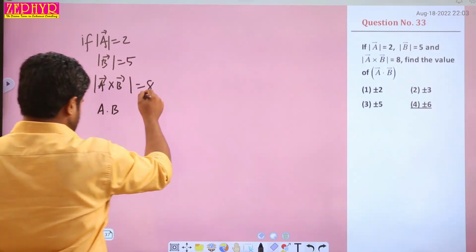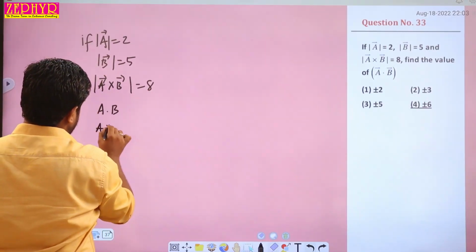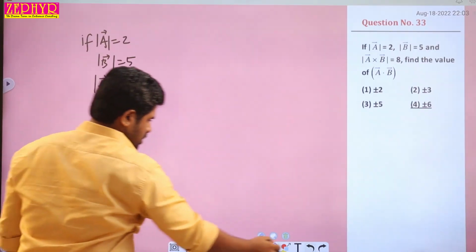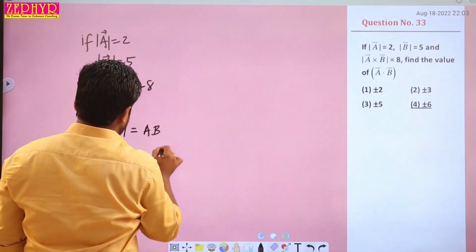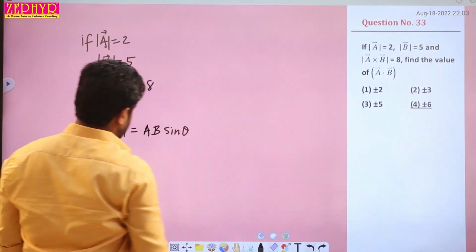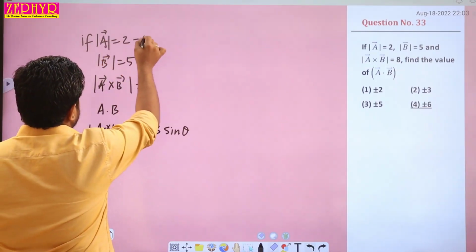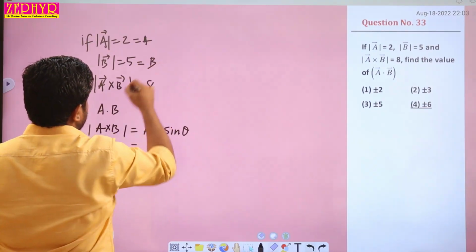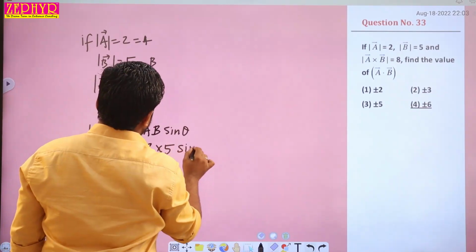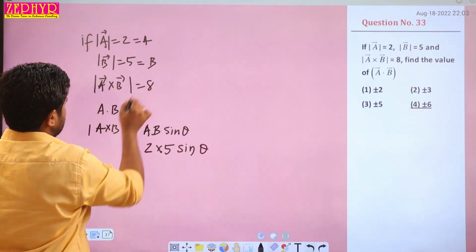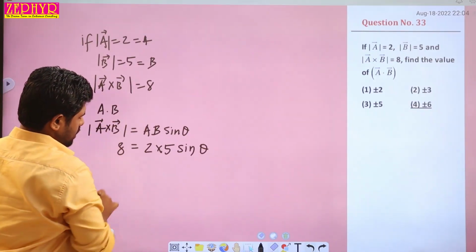Now, the magnitude of a cross b is equal to a b sin theta. Here the magnitude of a vector is a and the magnitude of b vector is b. Therefore 2 into 5 sin theta is equal to the magnitude of a cross b, which is 8.